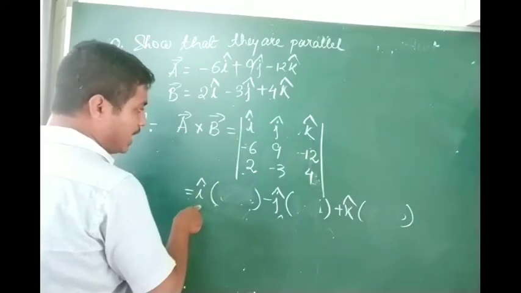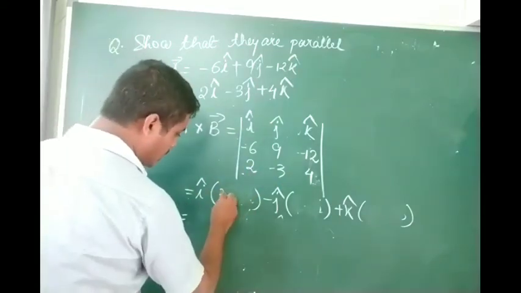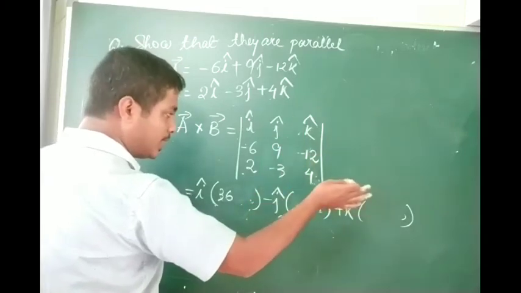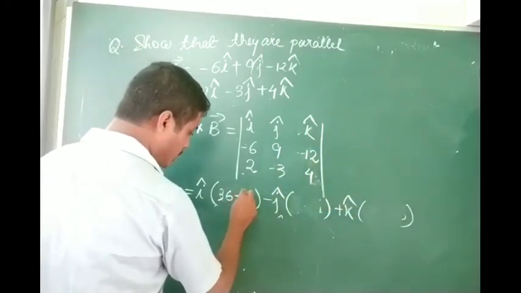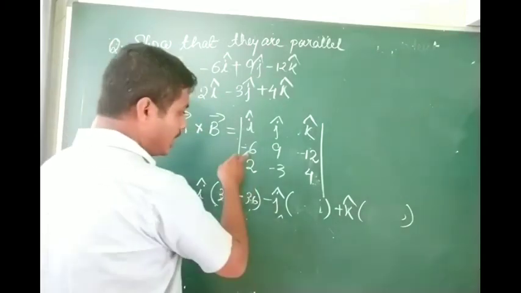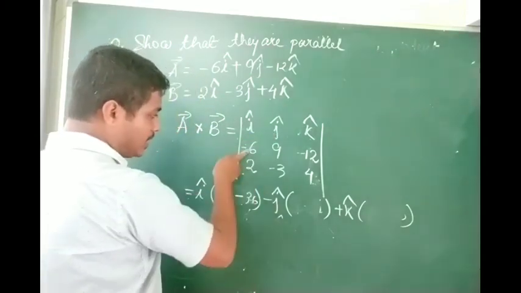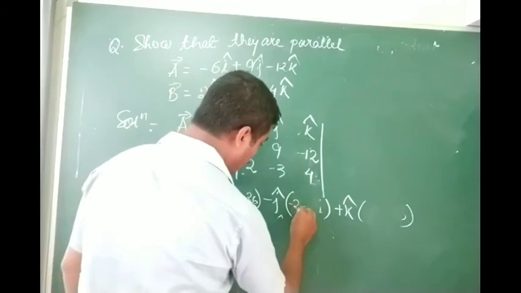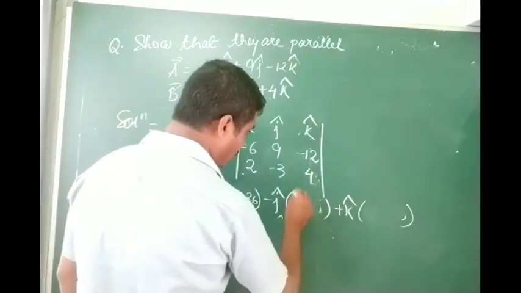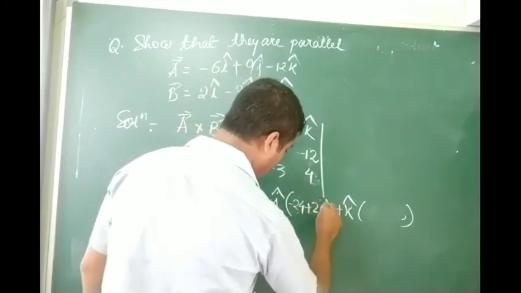For i cap we have selected, 9 into 4 is 36, minus 3 into minus 12 is 36, but one minus is there, so it will be minus 36. Next for j cap, minus 6 into 4 is minus 24, 2 into minus 12 is again minus 24, but one minus is there, so it will be plus 24.